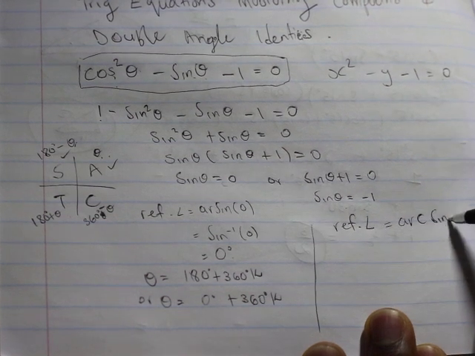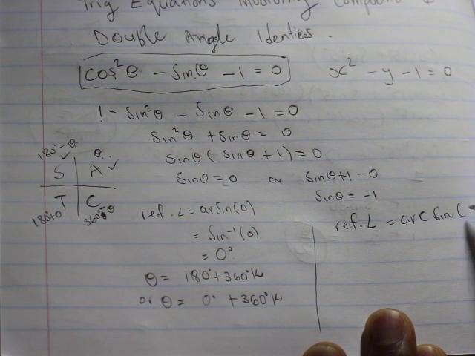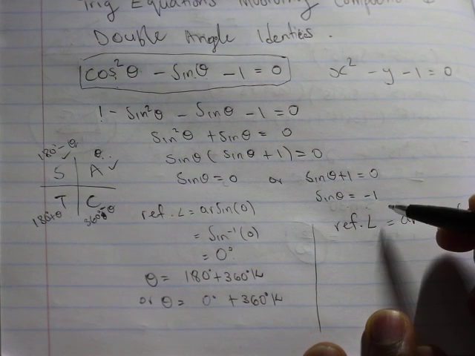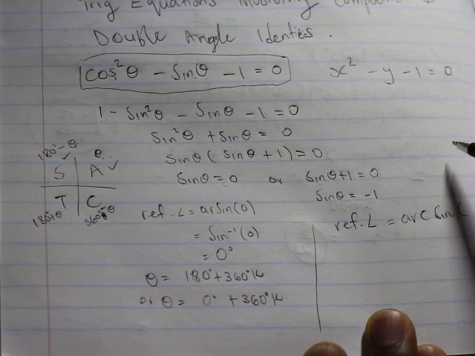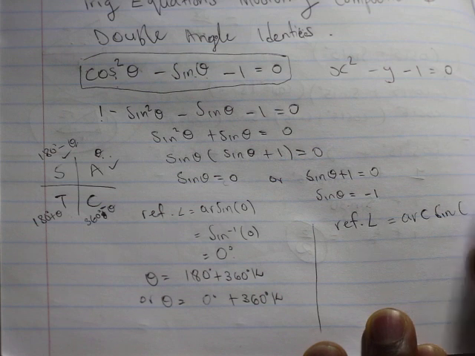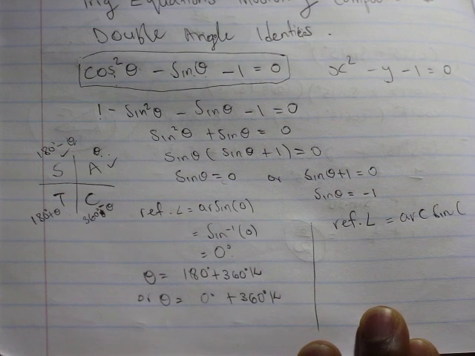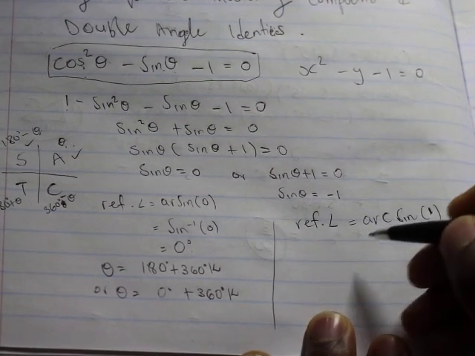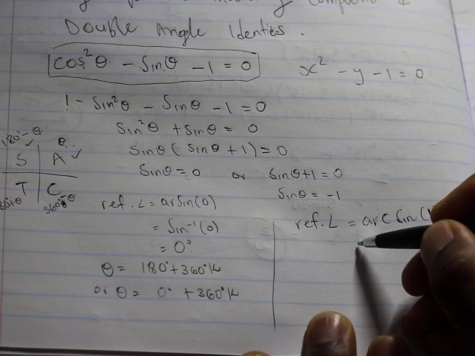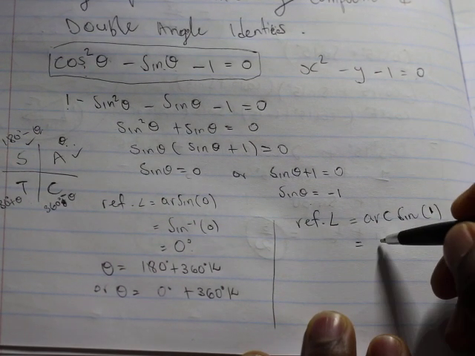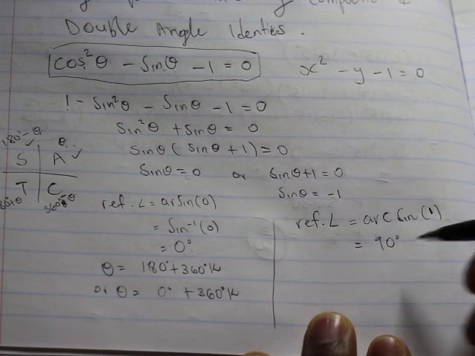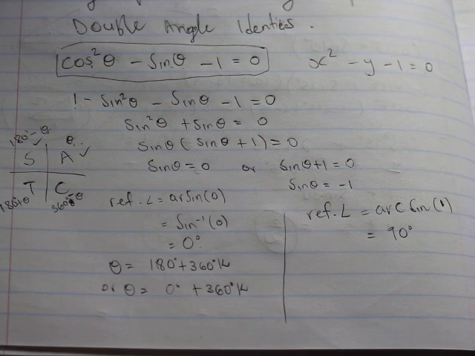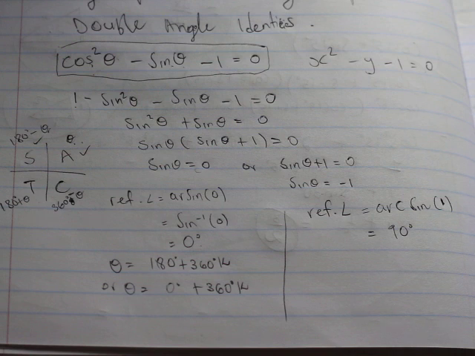So arc sine of the absolute value of whatever number is given here. Remember, when I say the absolute value, I mean if it's negative, make it positive. If it's already positive, just leave it as it is. In other words, we want the positive value of whatever number is given, which is just 1 in this case. Now, what is the arc sine of 1? I believe it's 90 degrees. You can confirm with the calculator. So shift sine 1, that should give you 90 degrees.